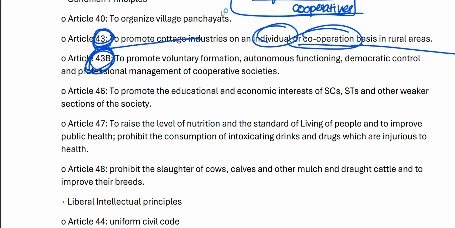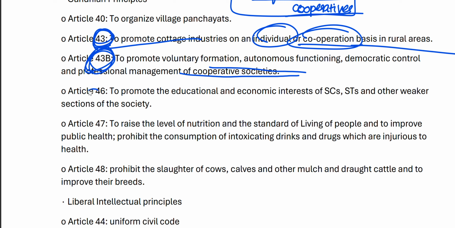Now 43B is related to cooperative societies, right? Now 43 in its entirety is related to workers, industries as well as cooperative societies. 43 is related to the workers, 43B to the cooperative societies, 43A to workers in industry management, and 43 also covers cottage industries.